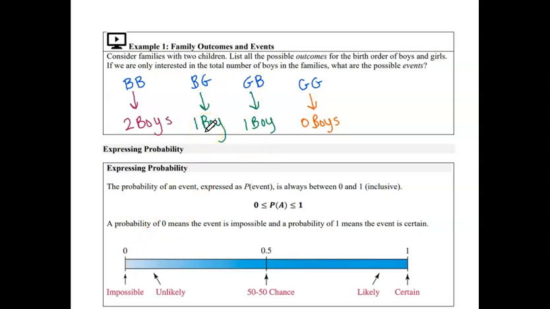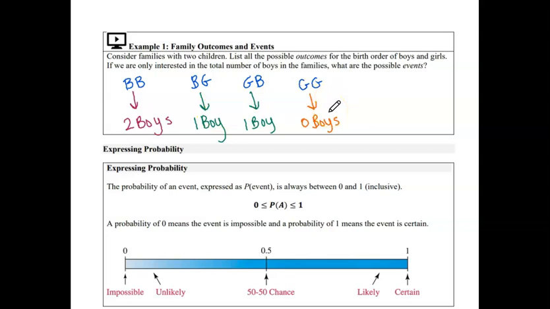So this is another outcome that we could have, 1 boy, and the event 2 boys consists of this outcome. So there ends up really being just 3 events. These are my 3 possibilities. I could have 2 boys, I could have 1 boy, or I could have 0 boys.